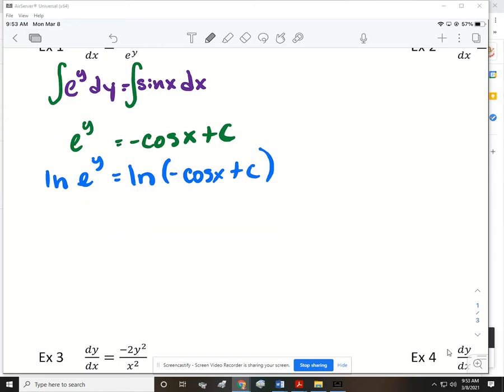So then the natural log of e to the y is just y. And then the other side, we can leave it like it is.